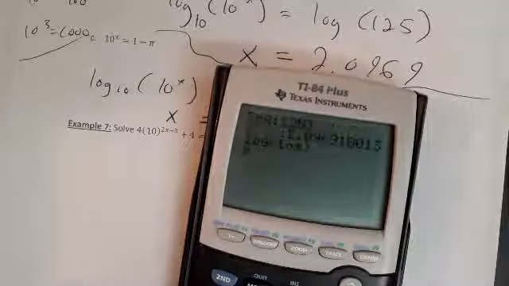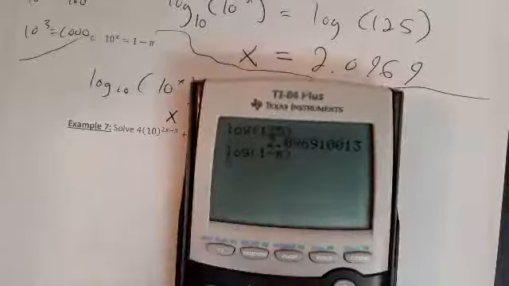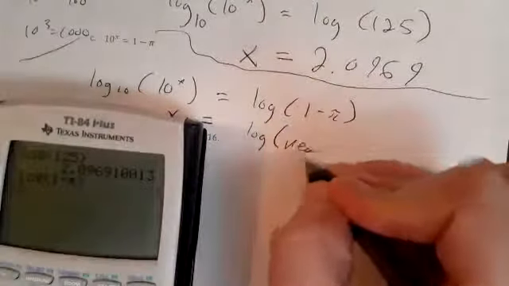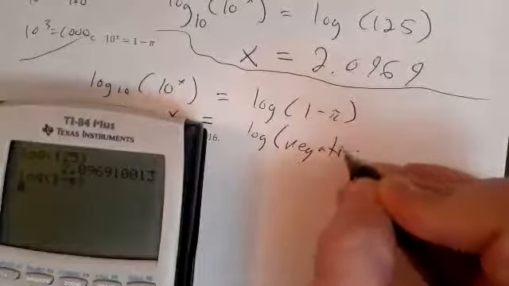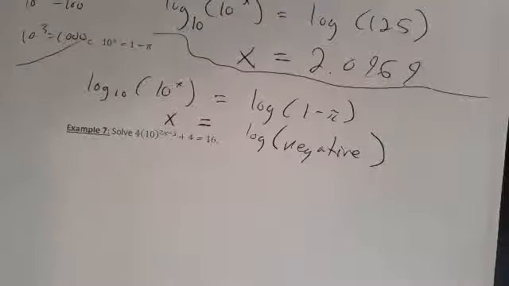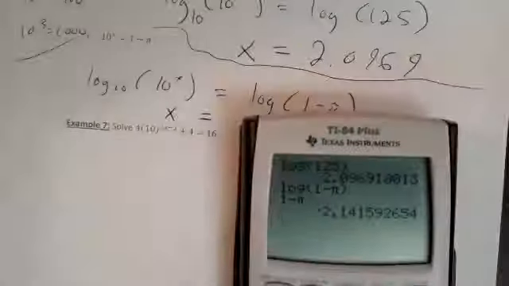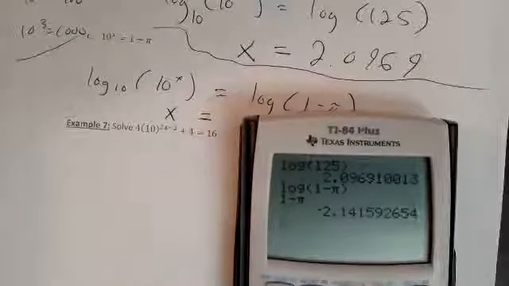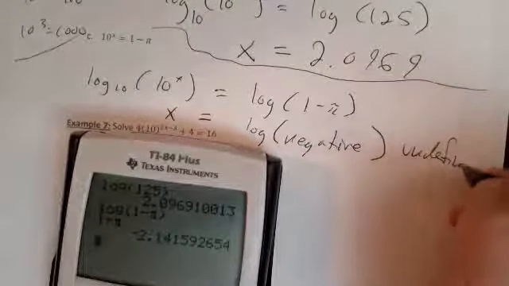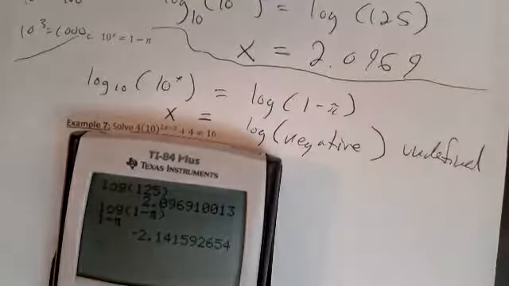Why is it giving me that? I have 1 minus 3.14. This is going to be a negative 2 point something. 1 minus pi. And so I'm getting a log of a negative. And if I get a log of a negative, right away you should be able to tell me this is undefined.